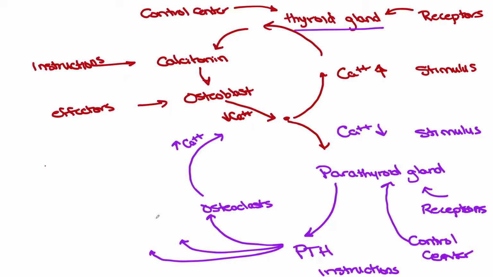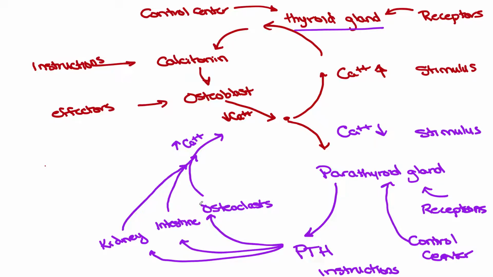The second target is going to be the intestine, and it's going to absorb more calcium from the diet and raise blood calcium levels. The third target is going to be the kidney, and it's going to tell the kidney tubules to conserve calcium and not excrete as much of it out of the body.